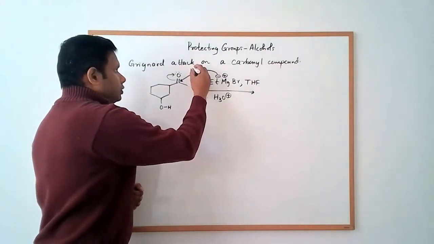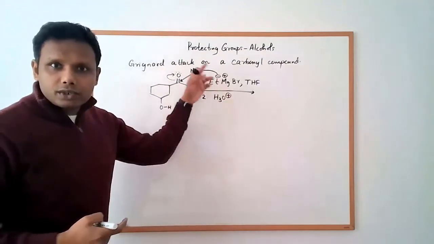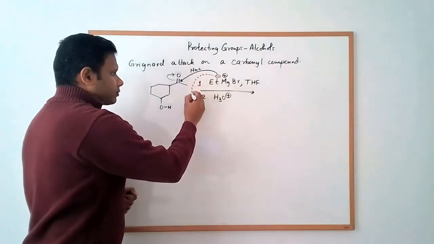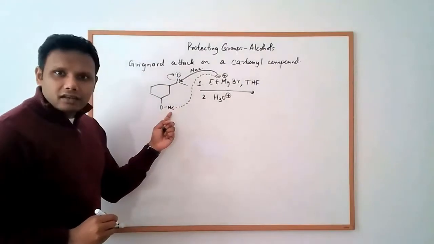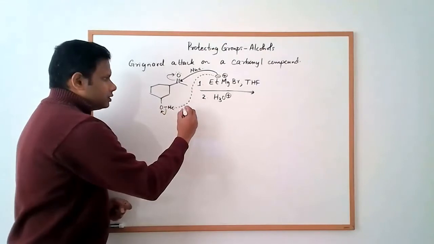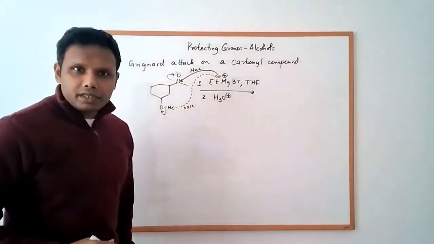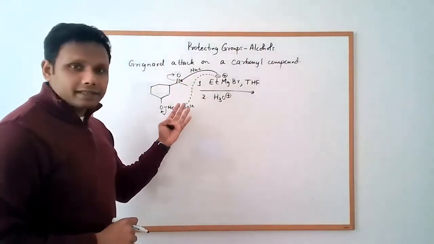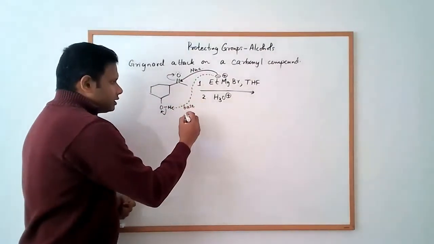So this is the nucleophilic attack, the Grignard reagent acting as a nucleophile, but the Grignard reagent can also act as a base, which means it can go and deprotonate this alcohol, the hydroxyl group. It will do that. This is when the Grignard reagent is acting as a base. And so we have two competing reactions here, the nucleophilic attack and the acid-base reaction, where the alcohol serves as the acid.